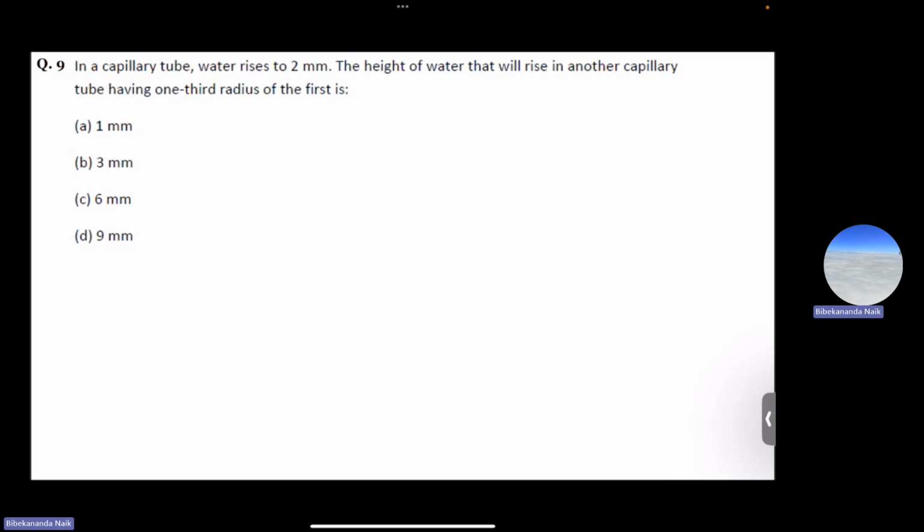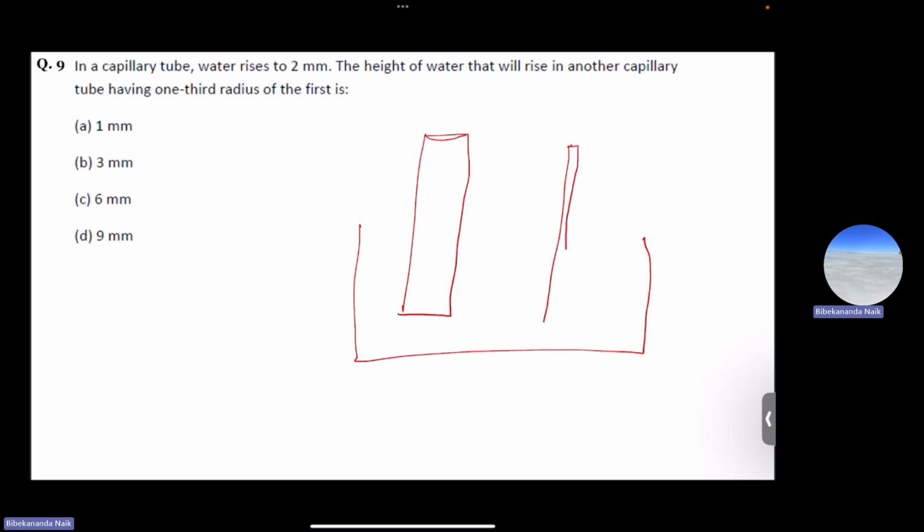Question number 9 says, in a capillary tube, water rises to 2 millimeter. The height of the water that will rise in another capillary tube having 1/3 radius of the first is: option A 1 mm, option B 3 mm, option C 6 mm, and option D 9 mm. So this is a capillary tube, and the water rises when the tubes are placed in water.